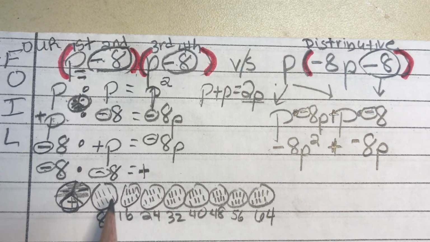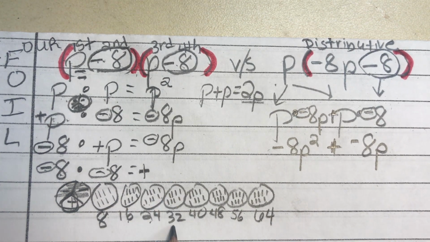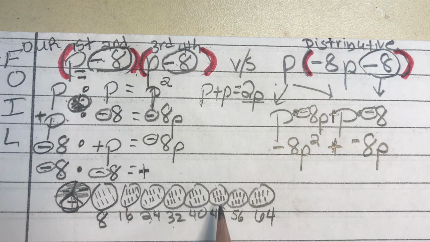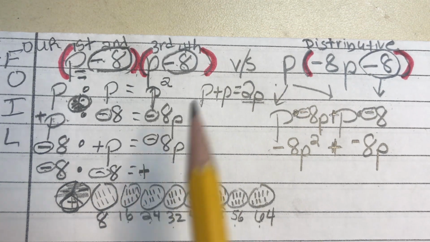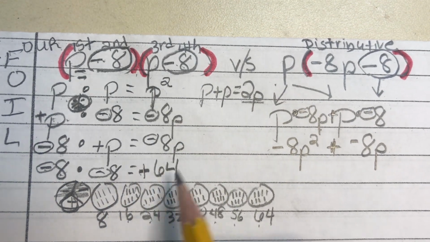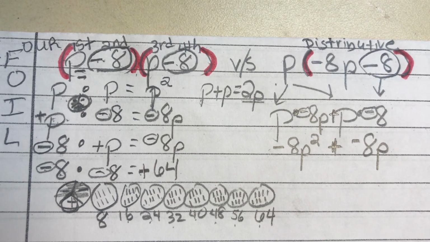So now you have your 8 times table. 8 times 1 is 8, 8 times 2 is 16, 8 times 3 is 24, 8 times 4 is 32, 8 times 5 is 40, 8 times 6 is 48, 8 times 7 is 56, and 8 times 8 is 64. I already have my positive here, so it's a positive 64.